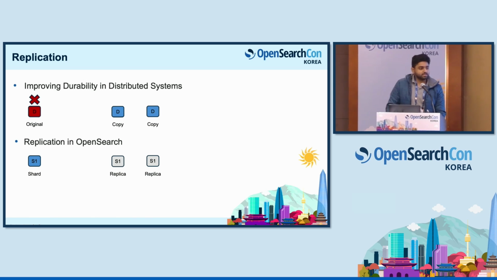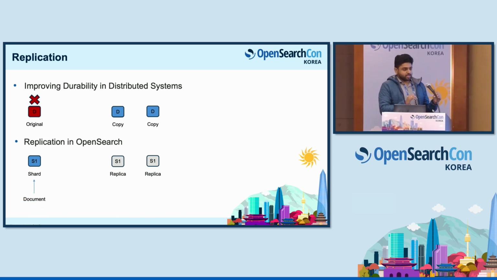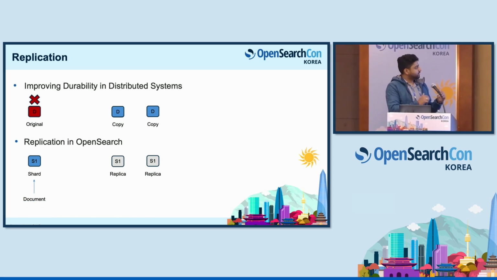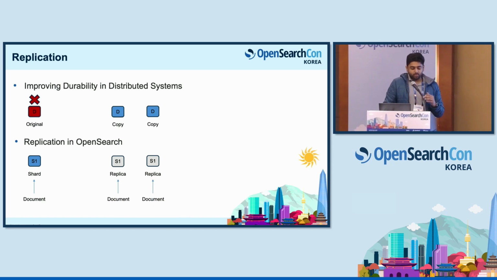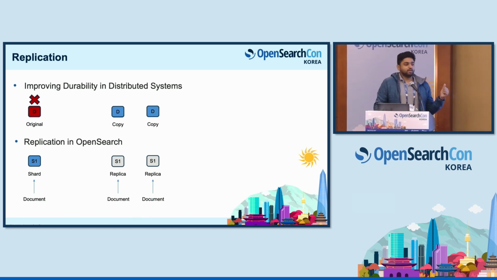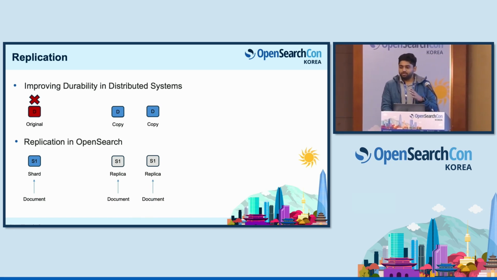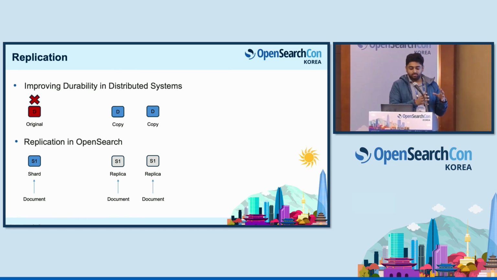Now the problem with this approach is that whenever you send a document to index to OpenSearch, it goes to the primary shard, and the primary shard will index it. But that's not all OpenSearch does. OpenSearch will also send the same document to the replicas. Each replica will perform all the same indexing that was done by the primary.